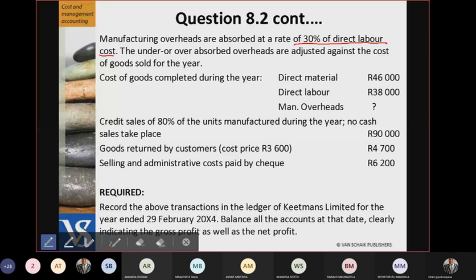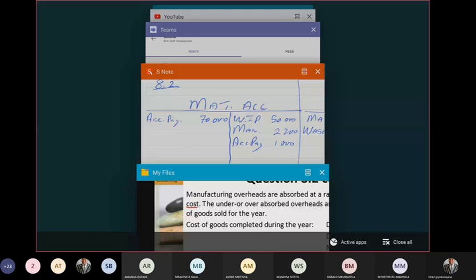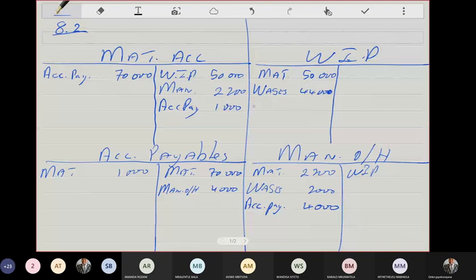So we simply say, okay, they've made our life easy, because you simply come to your work in process account. Look at your work in process account. You've got 44,000 there, guys. You see that in the work in process account, the 44,000. So we'll say, okay, we have to credit manufacturing overheads and debit our work in process with the manufacturing overheads.